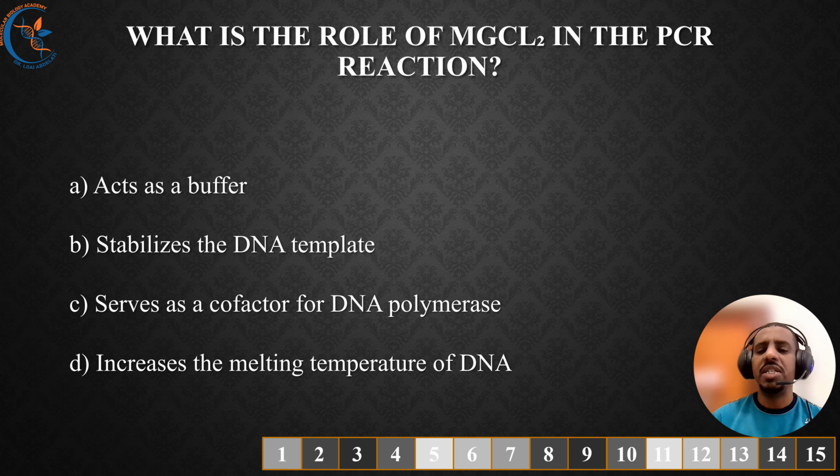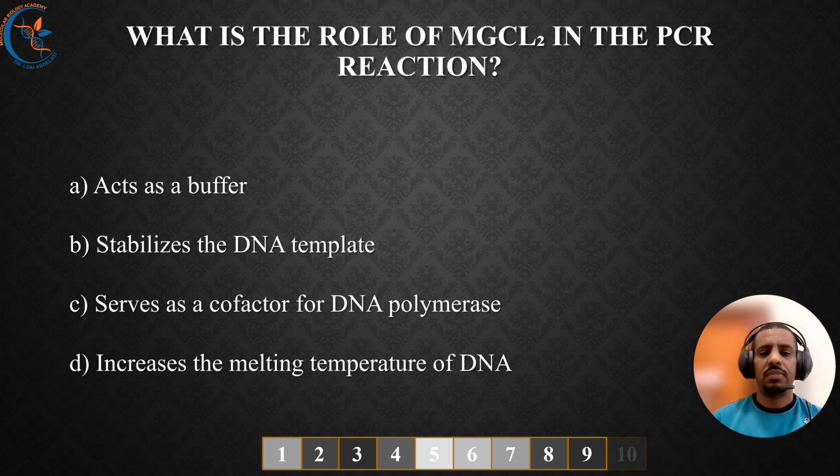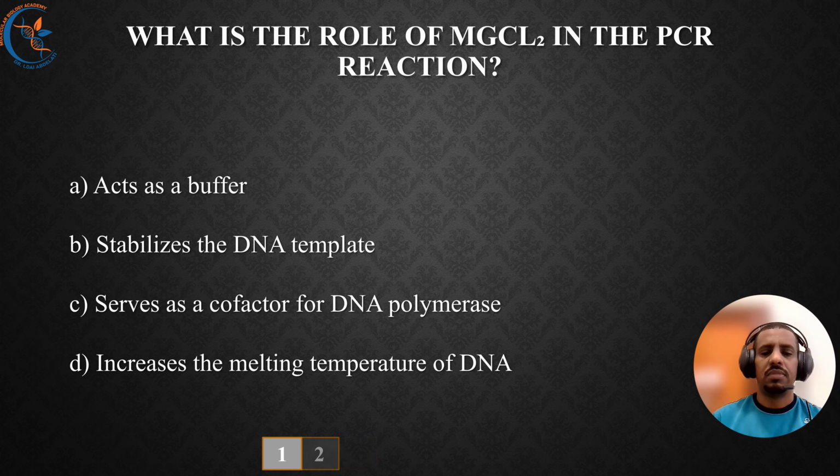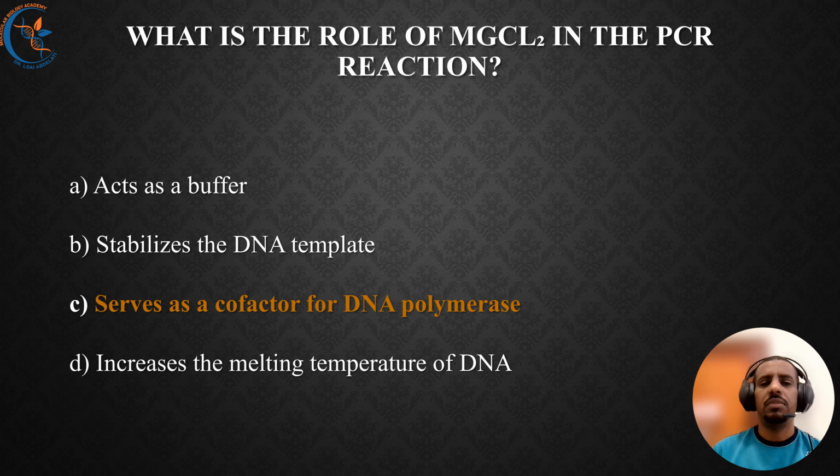What is the role of magnesium chloride in the PCR reaction? Magnesium chloride, as we know, is crucial for the activity of DNA polymerase, which is necessary for the synthesis of new DNA strands during the PCR reaction. So the correct answer here is serve as the cofactor for DNA polymerase.